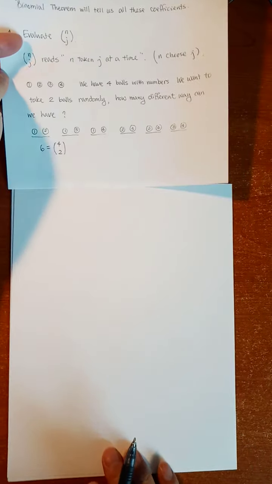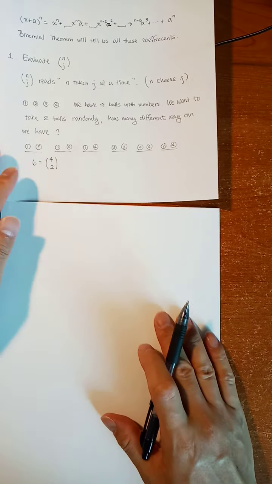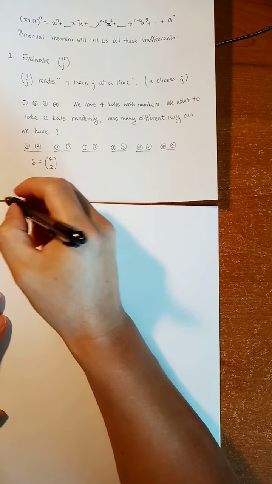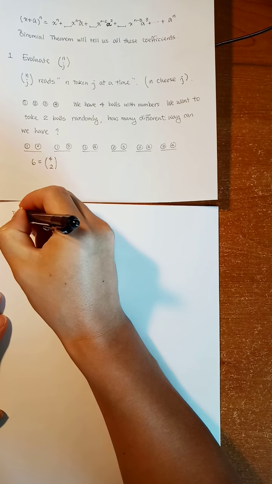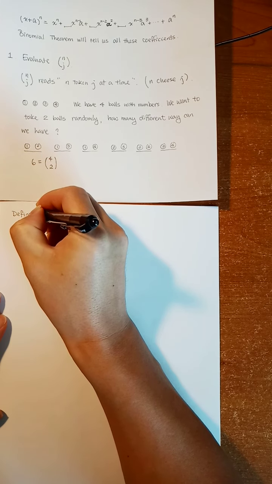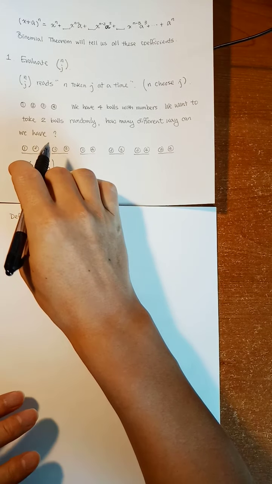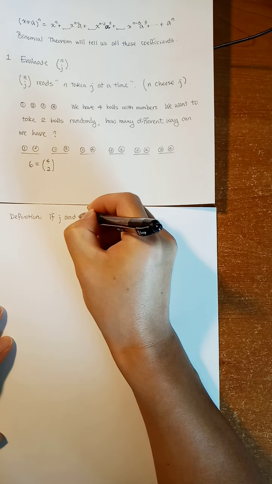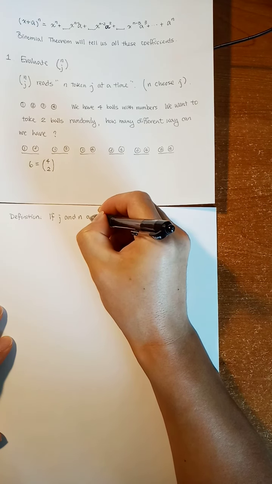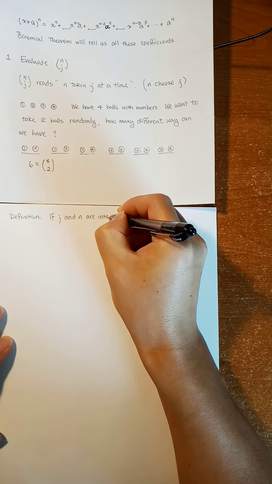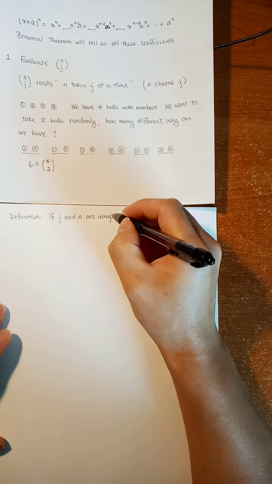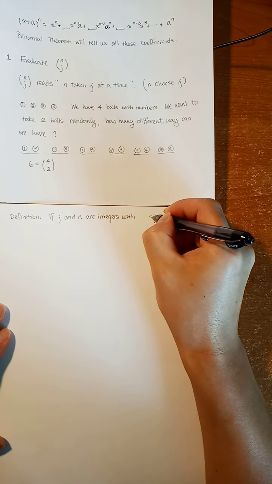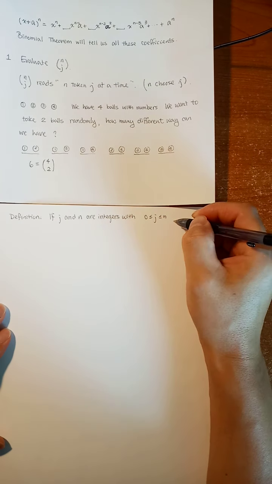Here they directly state the definition, or you can say the theorem. The definition: if j and n are integers with j greater than or equal to 0, less than or equal to n.